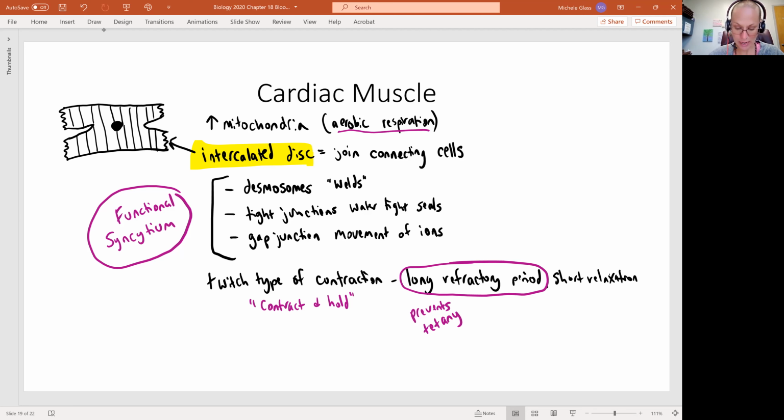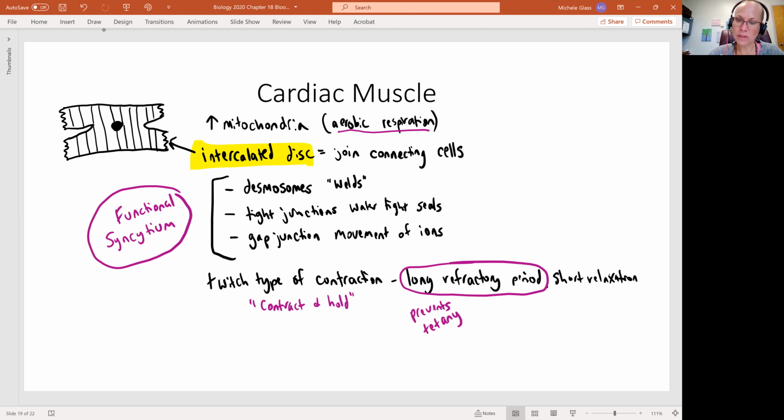And that's good, because if we had tetanic contractions in the heart, the muscle would contract and stay contracted rather than a squeeze and hold and another squeeze and hold and another squeeze and hold. So we don't want it to stay contracted.